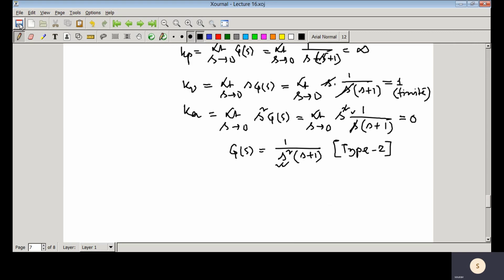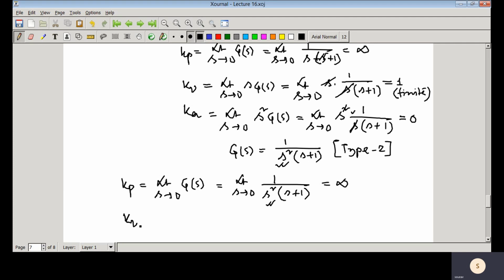So now what will you get? Kp equals limit s tends to 0 of G(s), so limit s tends to 0 of 1 by s square plus s plus 1. So whenever in the denominator there is a pole, that means it would be equal to infinite. And what is Kv? That is limit s tends to 0 of sG(s).